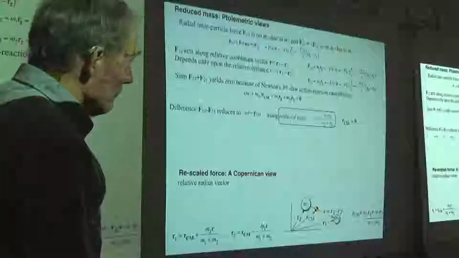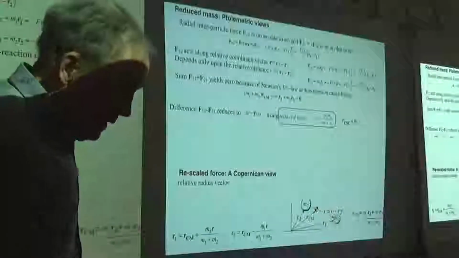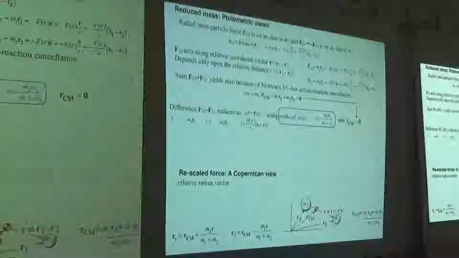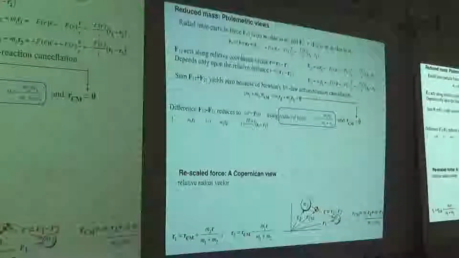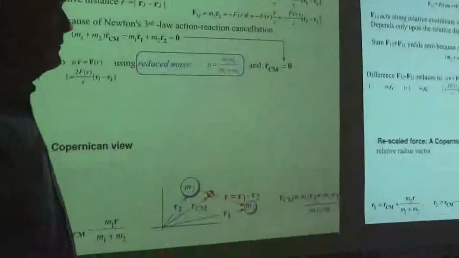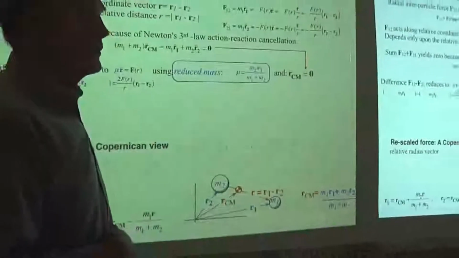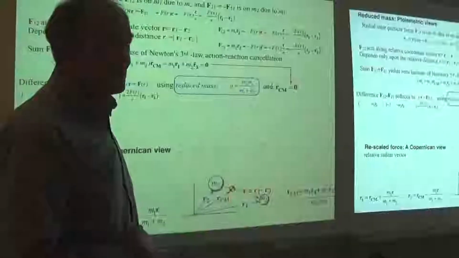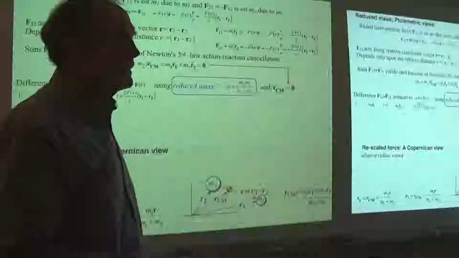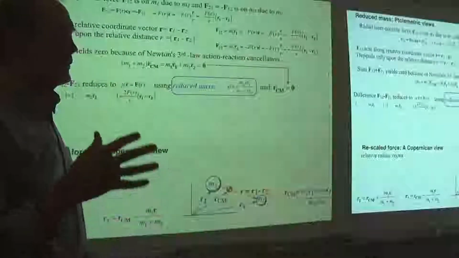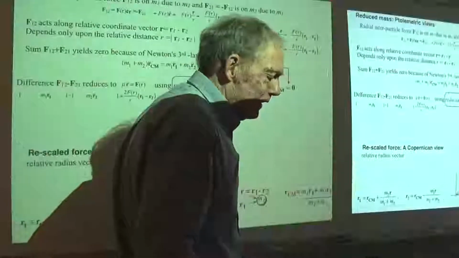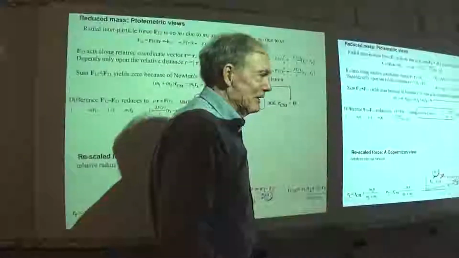So after we get done doing this derivation, the thing that I want to turn to is the alternative view. And I use Copernicus' name because he's the one that really told the whole world that we weren't the center of the universe. And that those things out there, including the sun and the moon, particularly the sun and the rest of the stellar heavens, weren't just dancing to our tune at all.